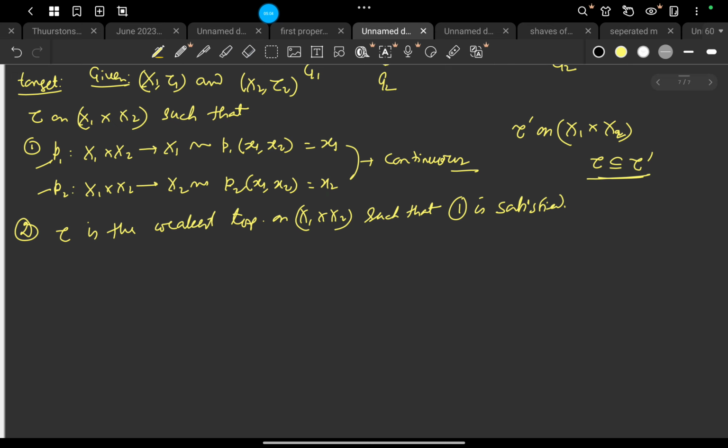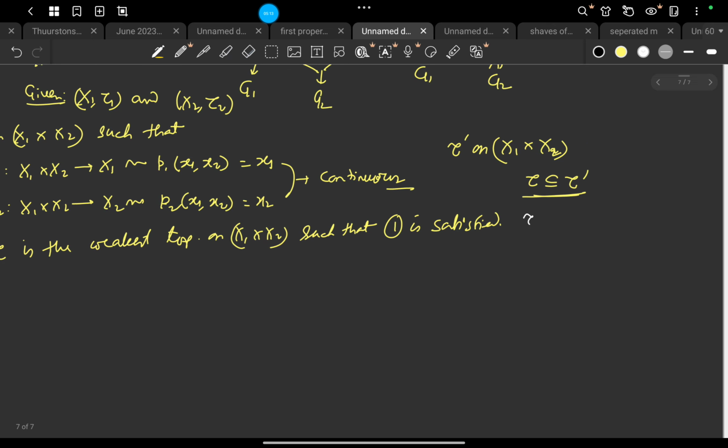All right, now to go ahead on construction of this product topology. This topology tau is said to be, rather let's say will be, because we haven't constructed this topology yet, said to be the product topology.